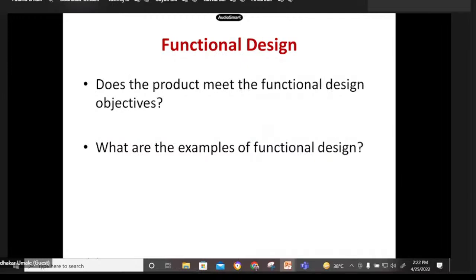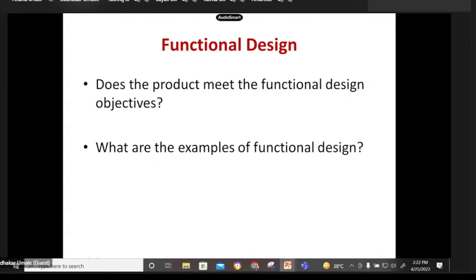Functional design. Functional design is very important. I want to ask these two questions. If you are ready for that, you can understand this very important point. Does the product meet the functional design objectives?